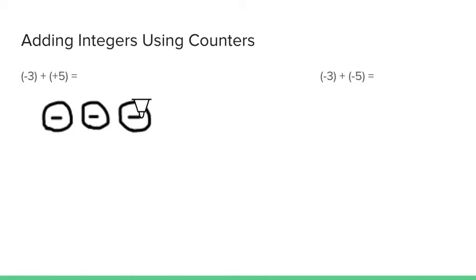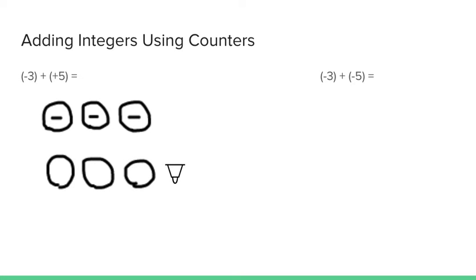And now what I'm going to do next is I'm going to add 5 positive counters onto our total here. And one more. Now I have to give these all a positive symbol so we know that they're positive. And one more.